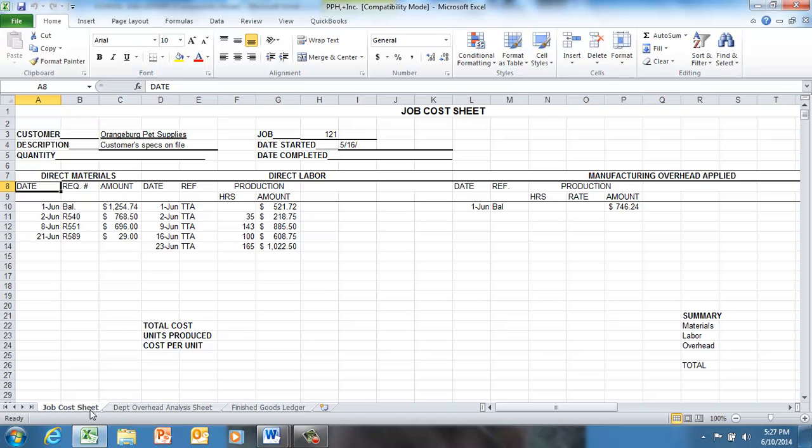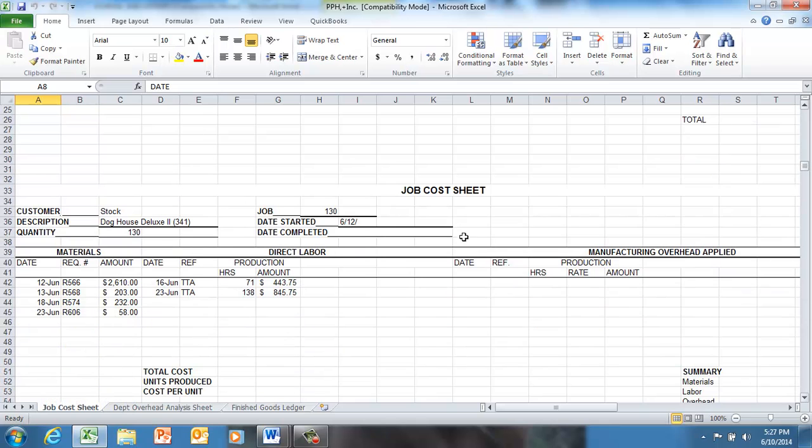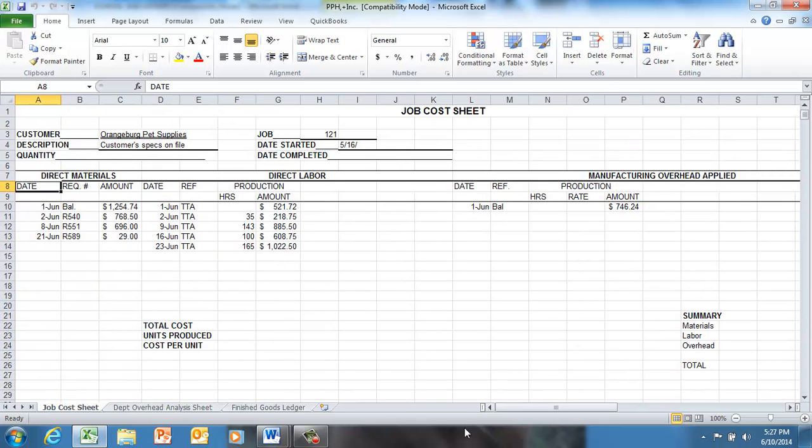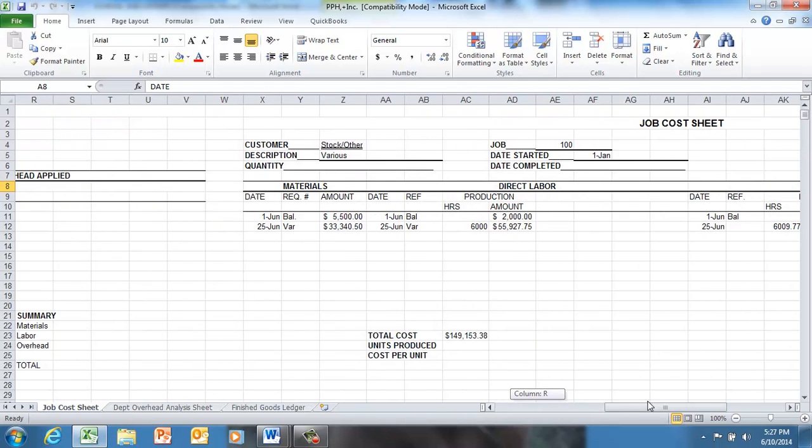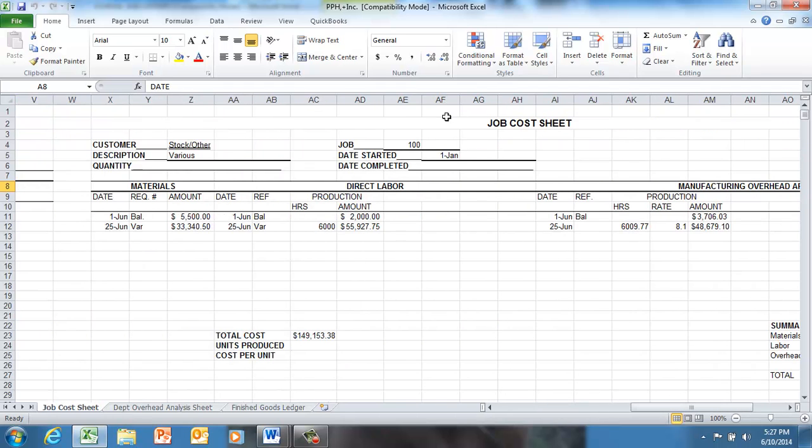And you can see that there's job cost sheets, overhead analysis sheet, and finished good ledger tabs along the bottom. And we want the job cost sheets. If you scroll down, you see the jobs. This top one is job 121, and then is job 130, etc. on down. At the very top, if I scroll over to the right, there is job 100.